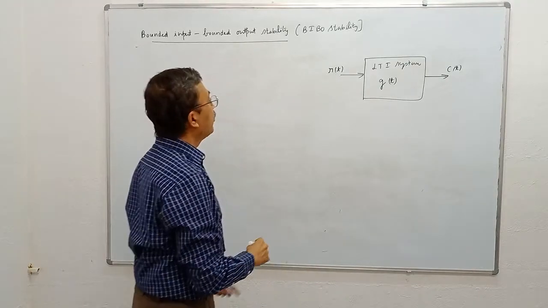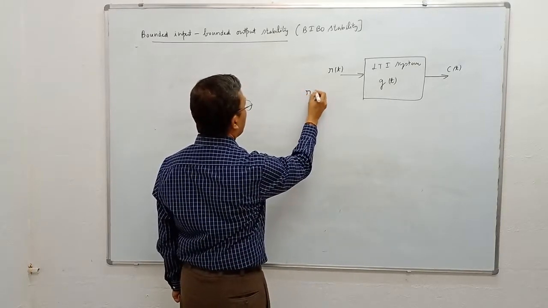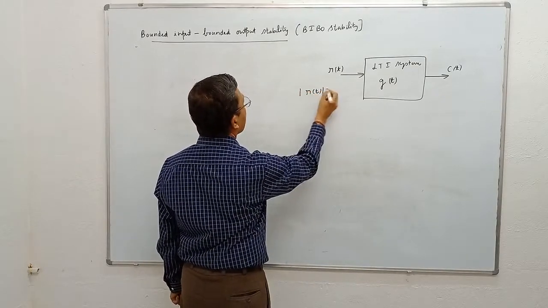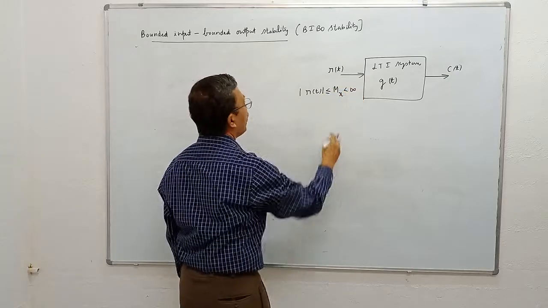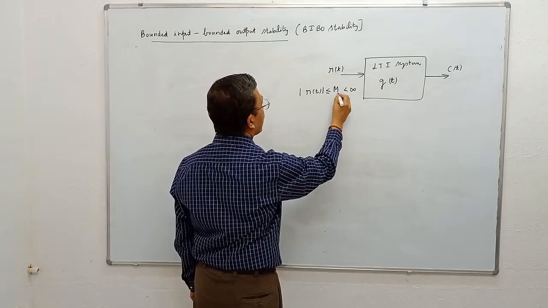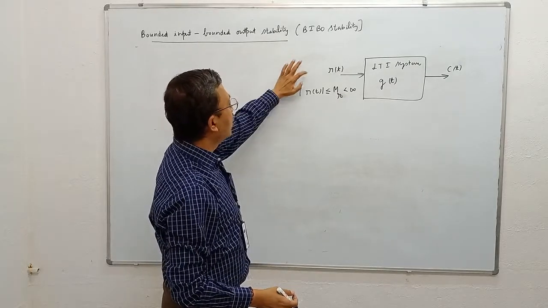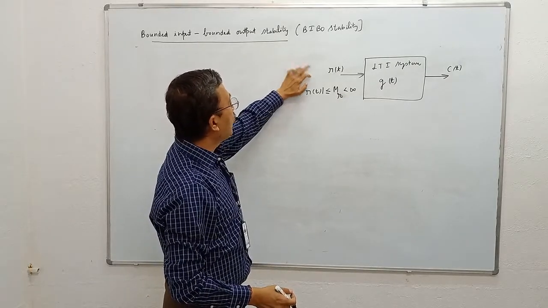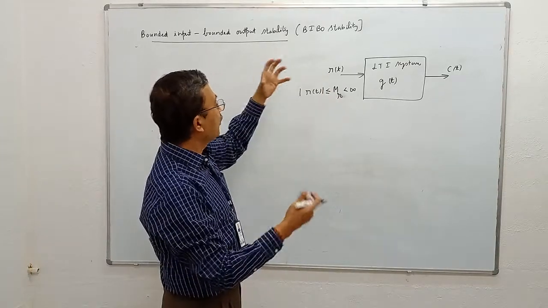Bounded input is mathematically defined in this manner. Magnitude of R of t is less than or equal to Mr, less than infinity. That means at no time the amplitude of R of t shall exceed Mr. That means it has a bound.